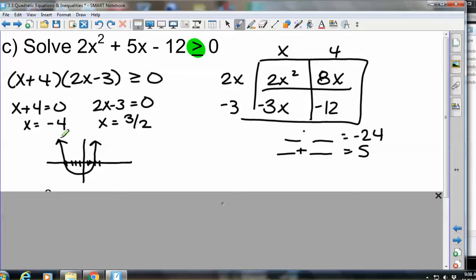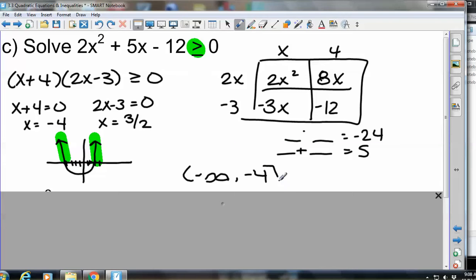Greater than means above the x-axis. So I'm talking about the ends here. So we have to write an interval for those. This one is coming from negative infinity. Stops at negative 4.